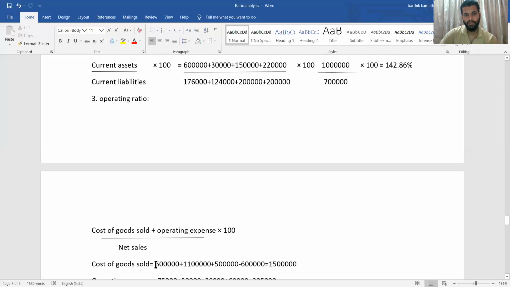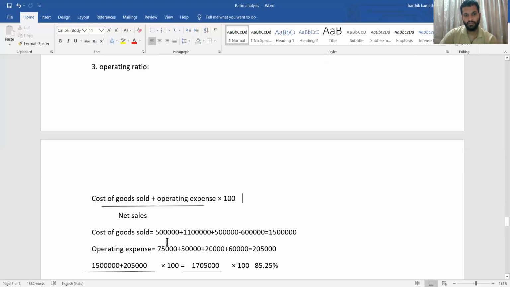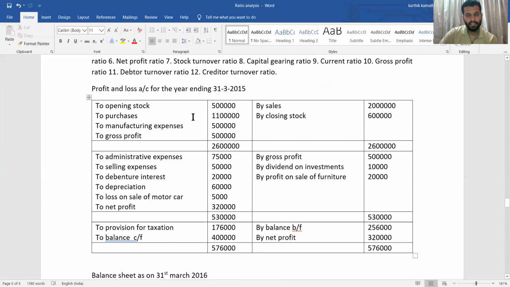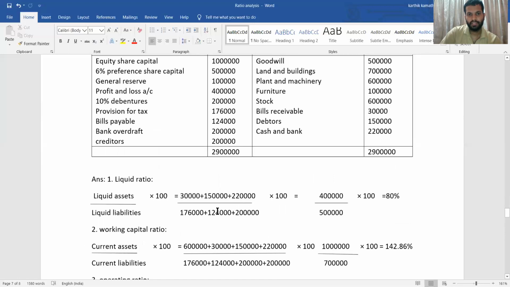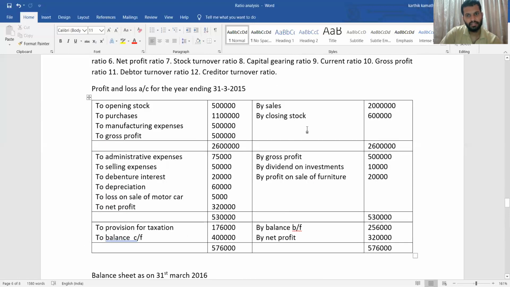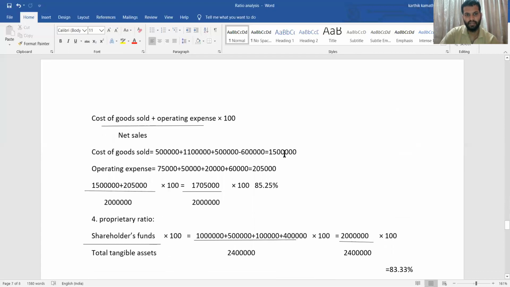So here, opening stock 5 lakh plus purchases 11 lakh plus manufacturing expenses 5 lakh minus closing stock 6 lakh, you will get the answer as 15 lakh. Or else you can do sales 20 lakh minus gross profit 5 lakh, and again you will get the same answer, that is 15 lakh.